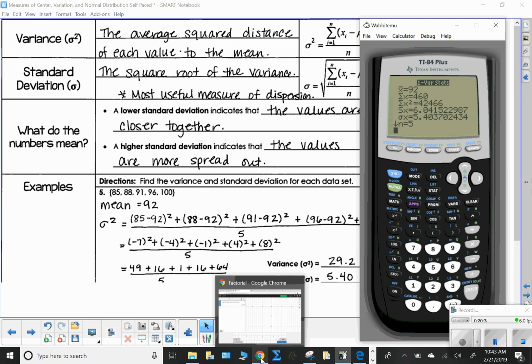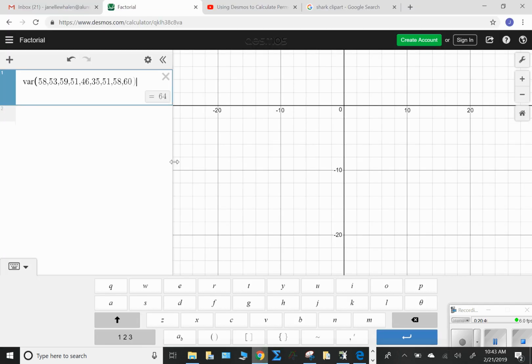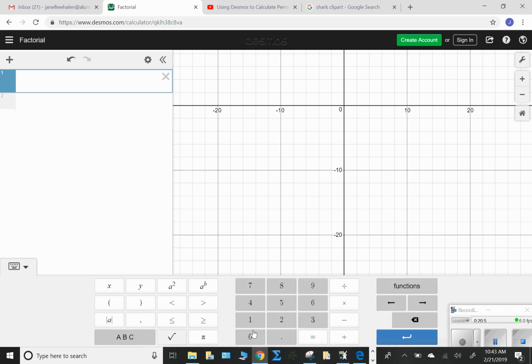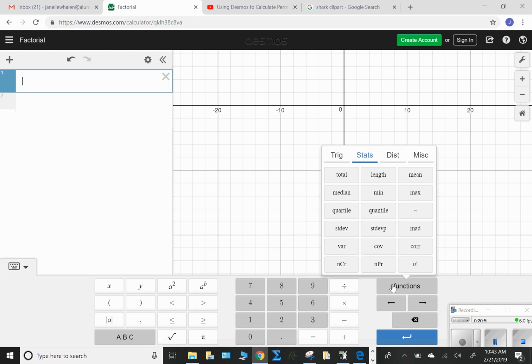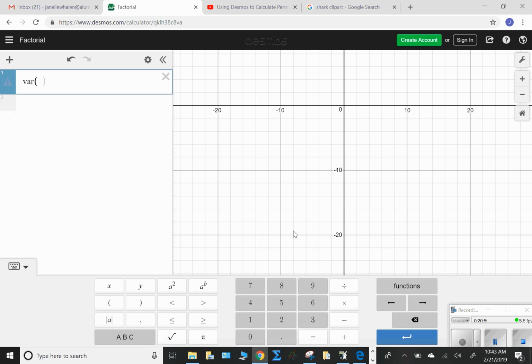Now, if we go to Desmos, we'll just wipe all that out, and we'll come over here. We have to click on this to get to the calculator. We're going to do functions, and let's say I want the variance first.